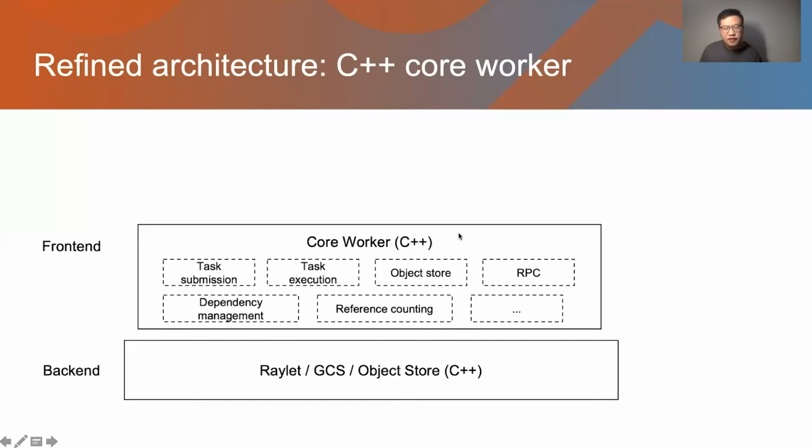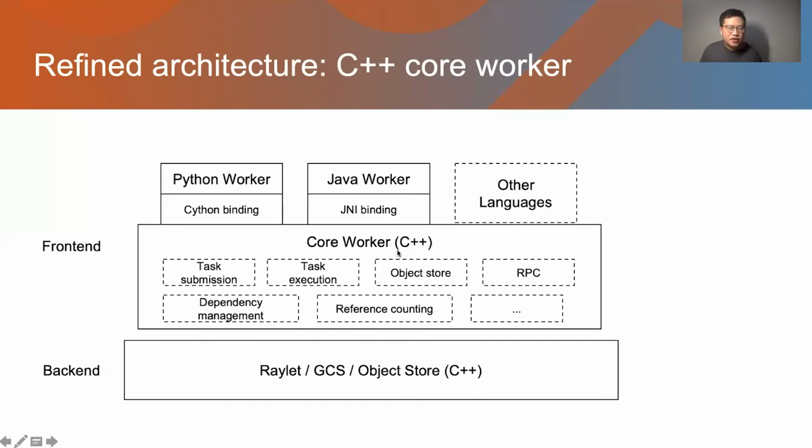And above the core worker, we implemented two thin wrappers for Python and Java to provide the Python and Java API for users. The wrappers are very thin. They only contain some language-specific logic. And we use Python bindings and JNI binding to connect them with the core worker.